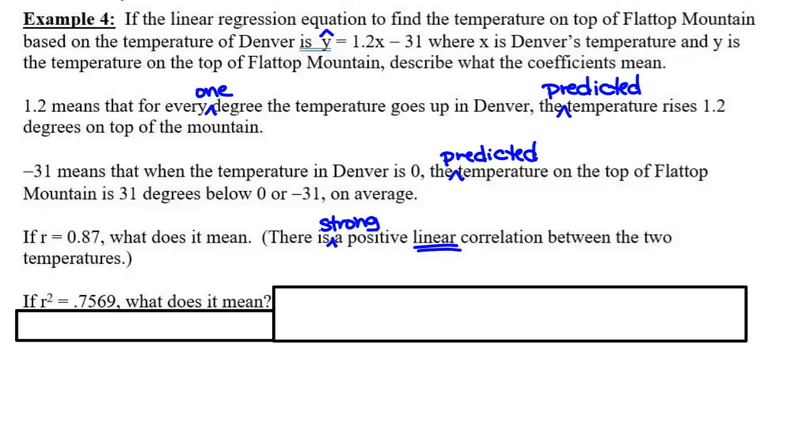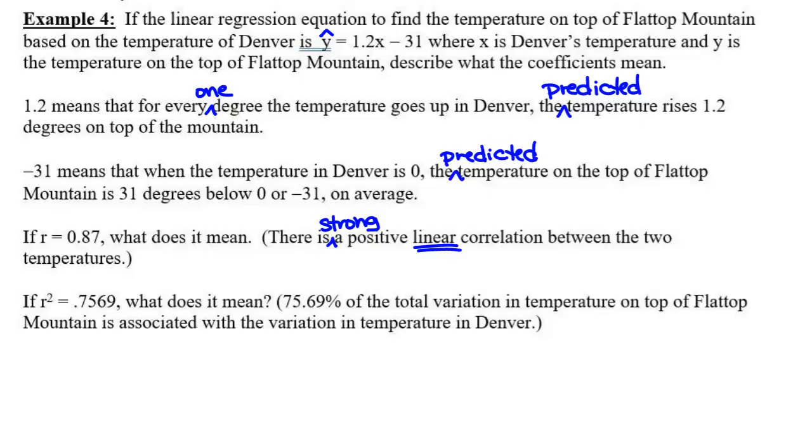Why? 75.69% of the change in y, the change in temperature on Flat Top Mountain, is because of what? Yes, because of the relationship with variation in temperature in Denver.